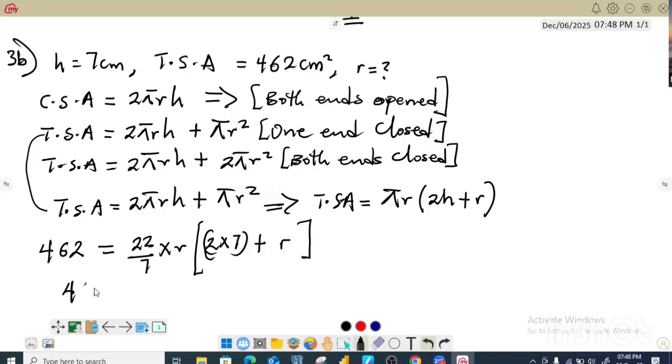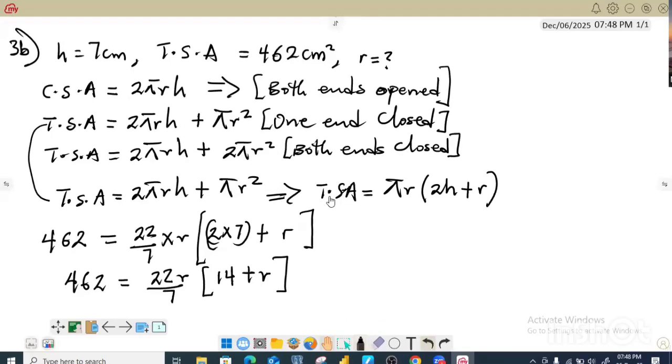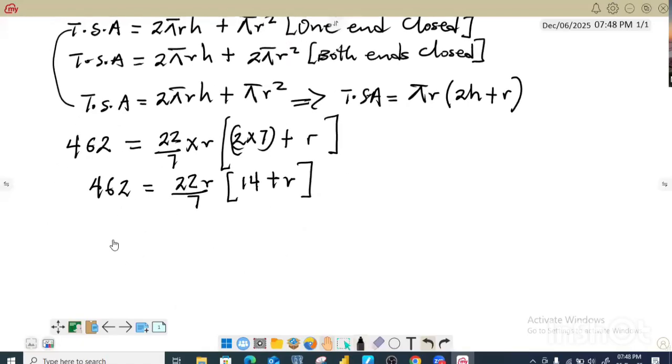So we are going to have 462 equal to 22r over 7 into bracket, what do we have here? 14 plus r.